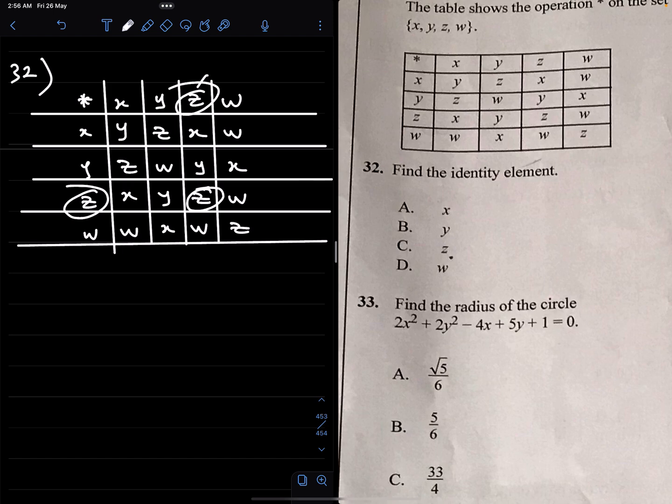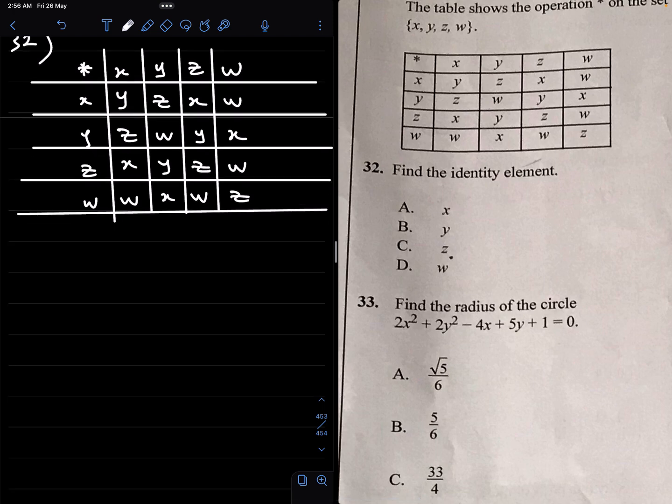Yeah, it's true for that too. Now, what do we combine with w to get the same w? W combination z gives us w. So z is the identity element, because any element we combine with z will give us that element back. So the correct option is C. By the way, E is the standard notation for identity, so E equals Z.